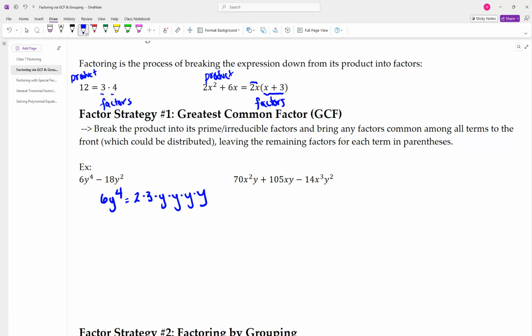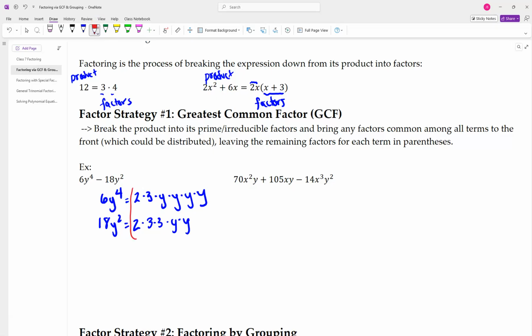Those are both prime numbers. And then y to the fourth would be 4 y's all multiplied together. Similarly, 18y squared would be 2 times 9, but 9 is actually 3 times 3, and then we have 2 more y's. And then what they say in the book is, okay, what is common?